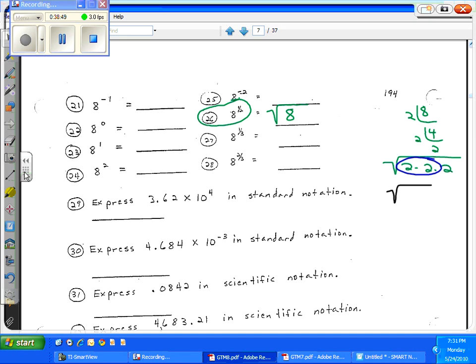We would circle sets of 2 for square root. We would make a new radical. For each set, we would bring 1 from the set out. What did not get circled in a set, we would put back in, and so we would have 2 square root 2. Okay?